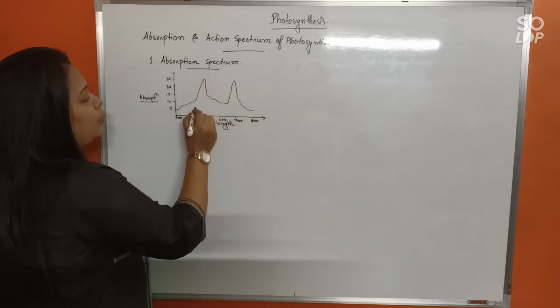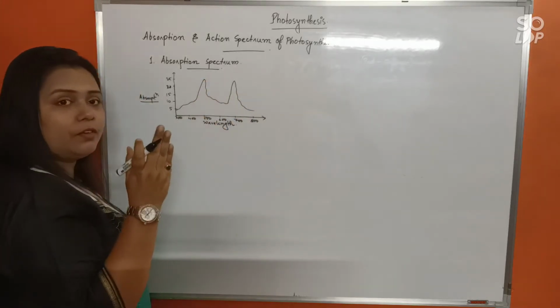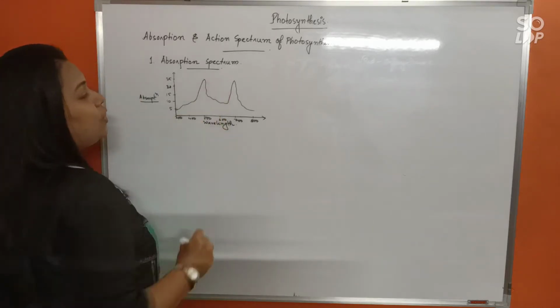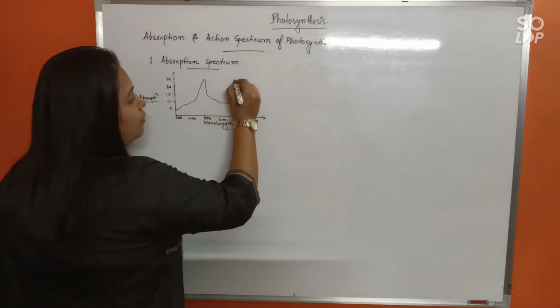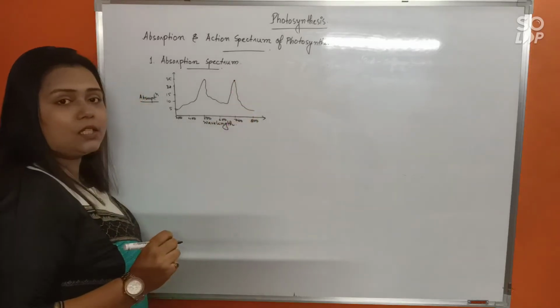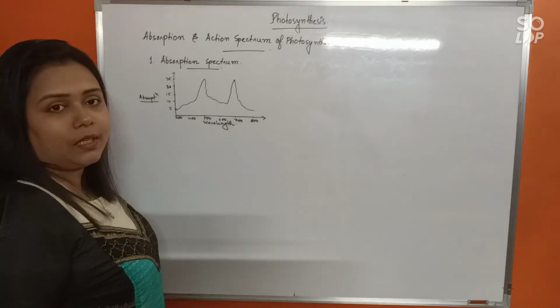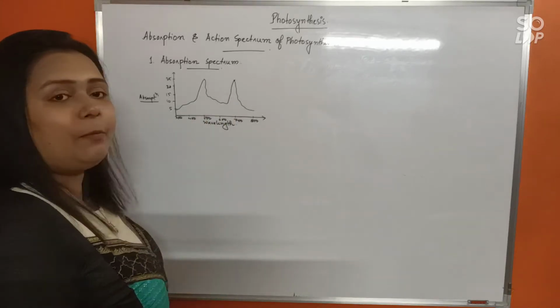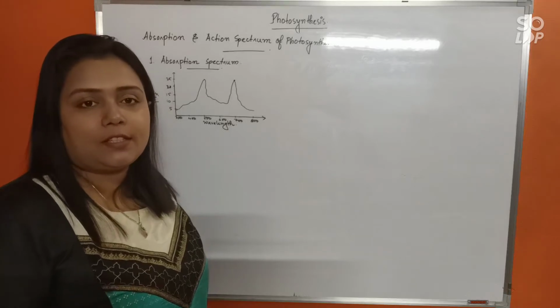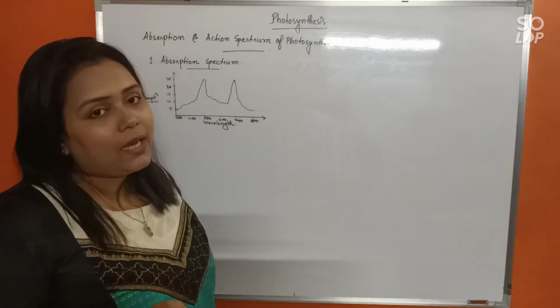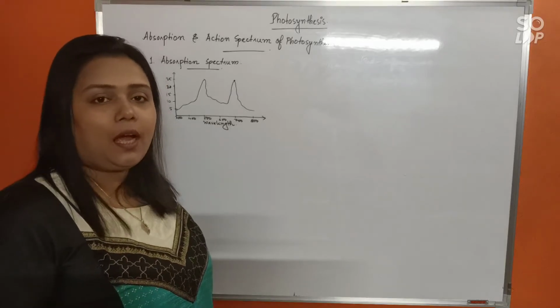One peak will be from 470 to 500, that is the blue light range, and another peak you will observe in the red light, that is 650 to 760. So any type of photosynthetic pigment you take into consideration will always be absorbing mostly blue light and red light. Okay, understood this?